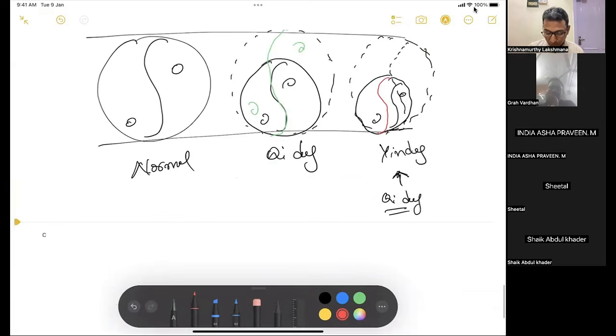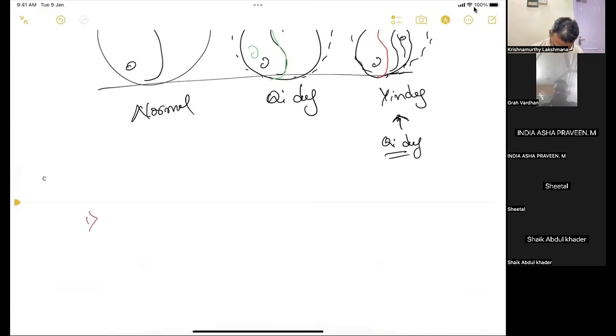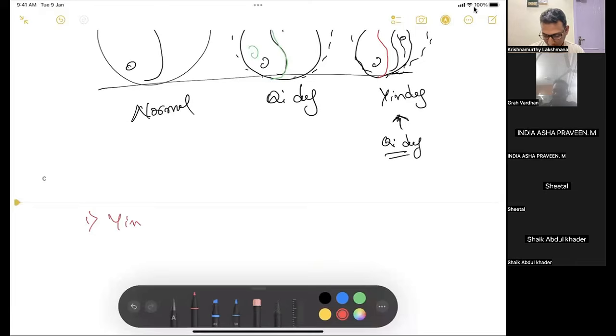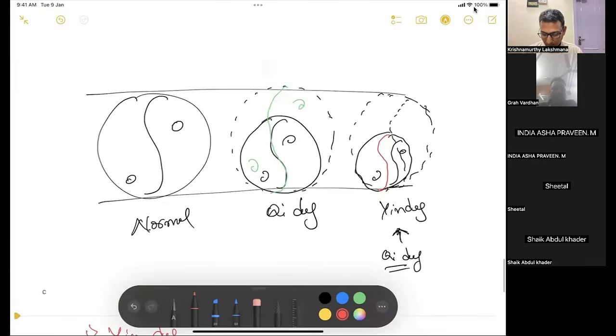So first you have to bring it into balance by giving the Yin deficiency protocol, and then increase the Qi. Once the balance is restored, then you give the Qi deficiency protocol. Okay. Understood the logic? Yes, sir.